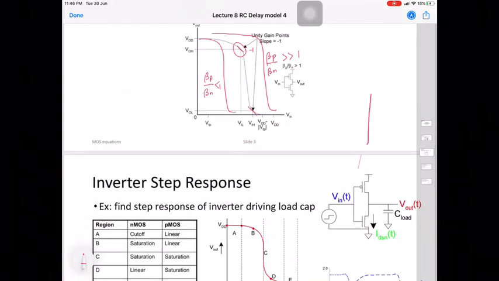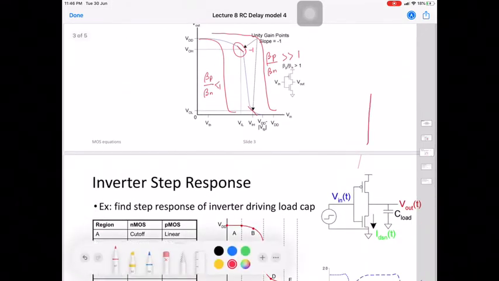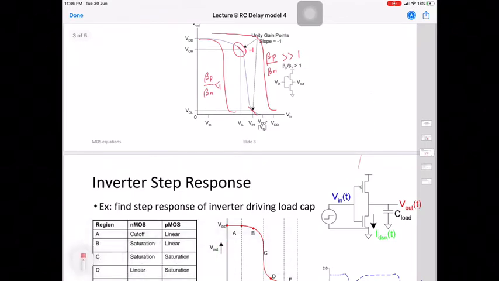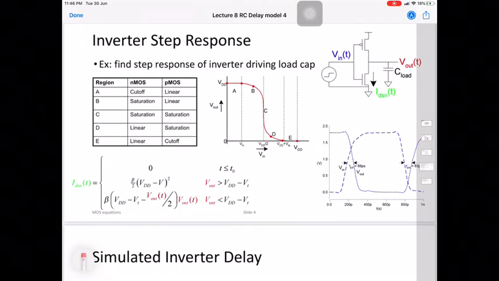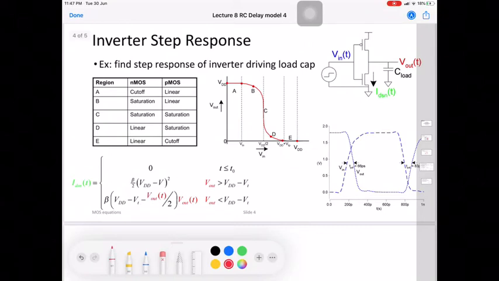Okay, so how do we do that? We can do that by controlling the size of the transistor, and we look at which region the NMOS and the PMOS are in. If you can see here, in region A, the NMOS is off and the PMOS is in linear.